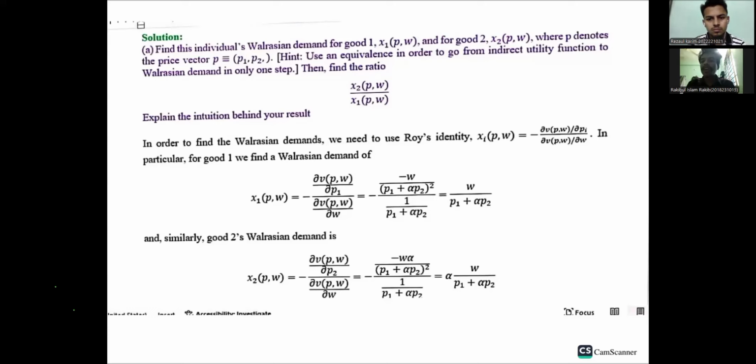Here we can find the good 1 Walrasian demand function. And what can we do next? Similarly, for good 2, the Walrasian demand uses the same equation, and we can find the individual's Walrasian demand function.